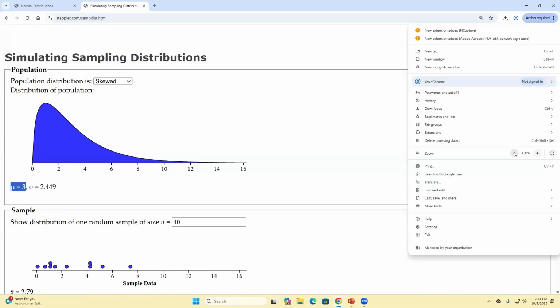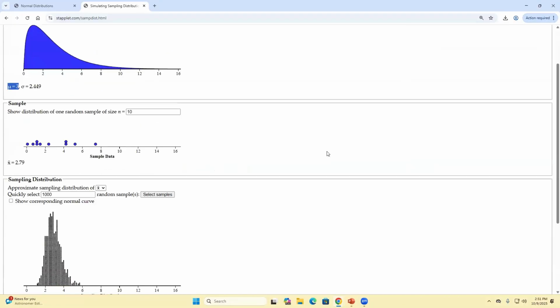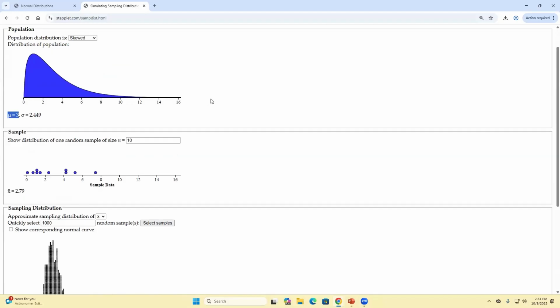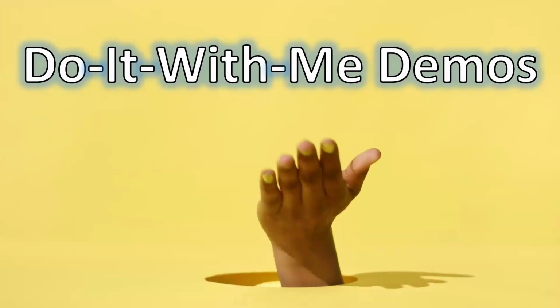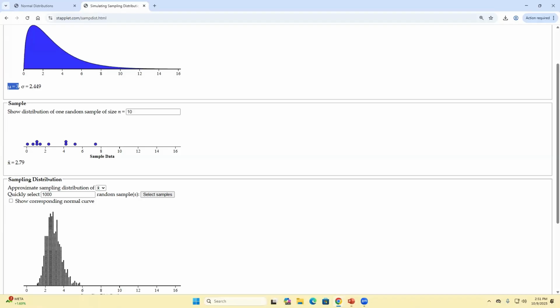So I'll zoom out of this a little bit so we can get them both on the same screen. But you'll notice that the population distribution is heavily skewed right. So we have a very long tail to the right. And yet the sampling distribution does have a little bit of that tail going on here, but it's much more symmetrical, much more bell-shaped. This is much more, dare I say it, normal in its distribution than this skewed distribution over here. All right, so that is our first look at the sampling distribution.